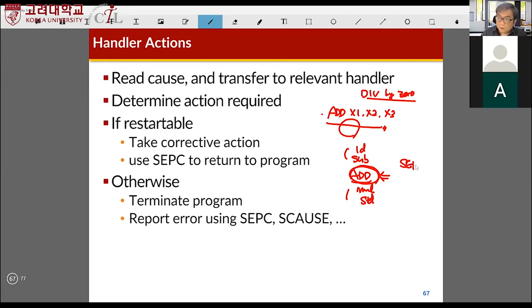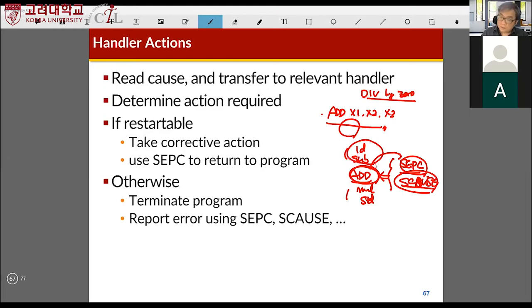We learned that the return address, the return program counter, is stored in the SEPC. Also, the cause of the exception is stored in the SCAUSE. Okay, so the PC is stored.